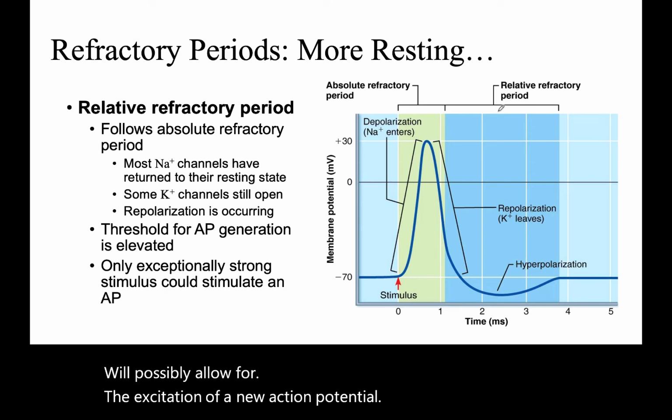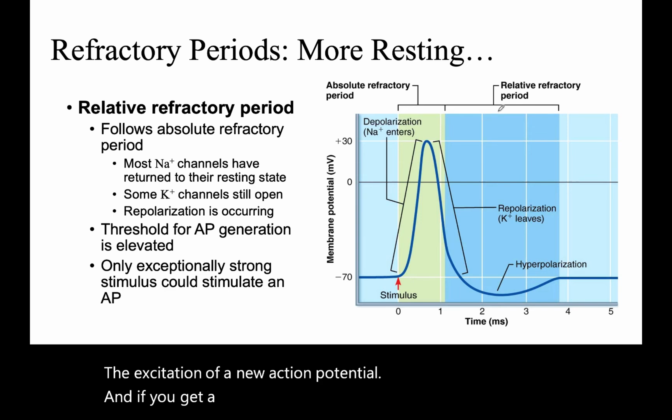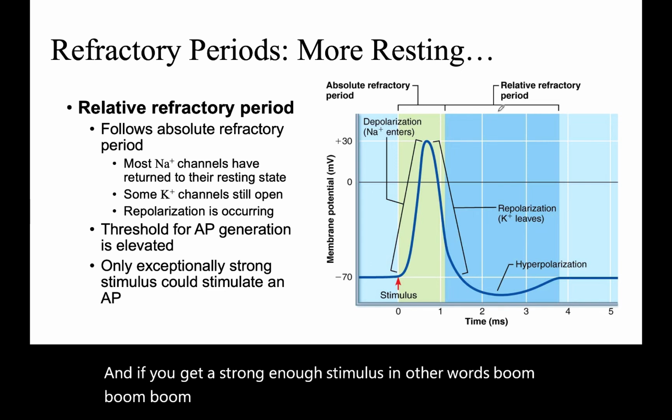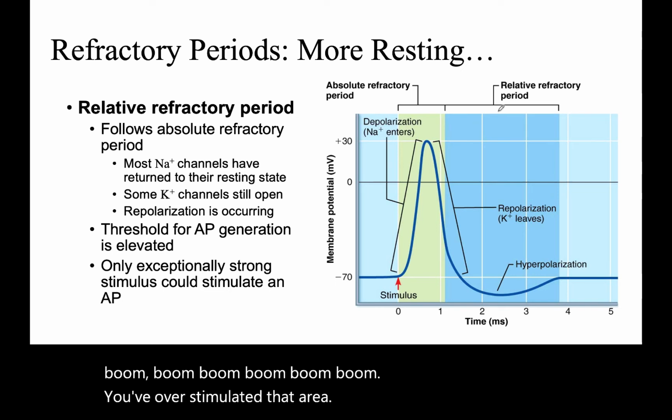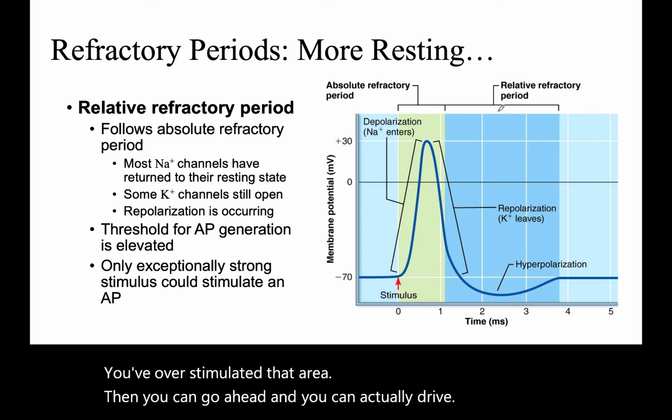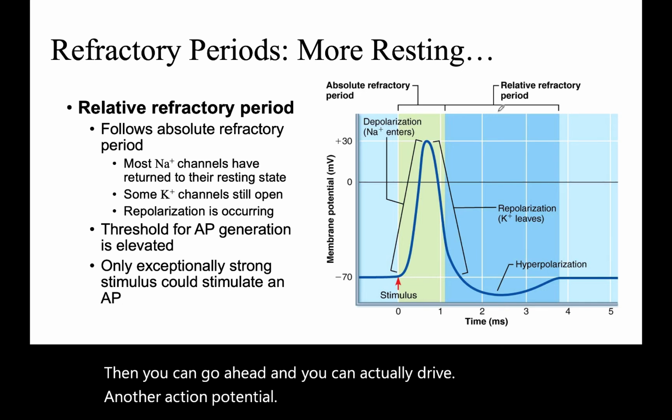And if you get a strong enough stimulus, in other words, boom, boom, boom, boom, you've overstimulated that area, then you can actually drive another action potential. You can drive it. It'll happen.